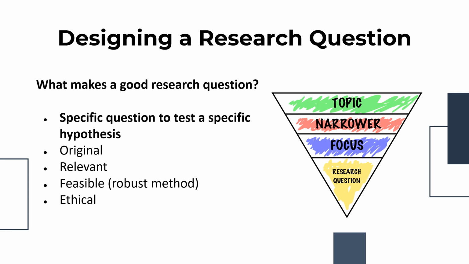And one of the most important things is that it's feasible so that we can actually achieve it. And that's where trying to have a robust methodology and a really strong trial design to answer your research question comes in. You also need to be pragmatic. So it can be very difficult to do research on very rare conditions. And that may mean that some of the higher quality research trials are not practical to do in rare diseases.